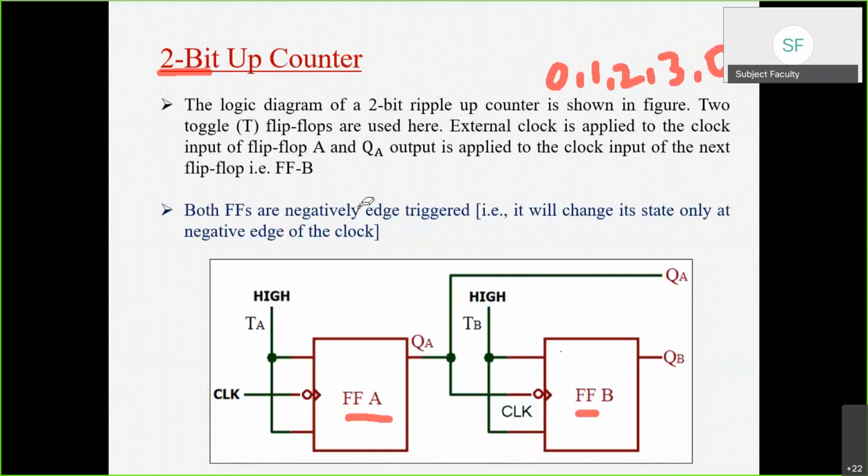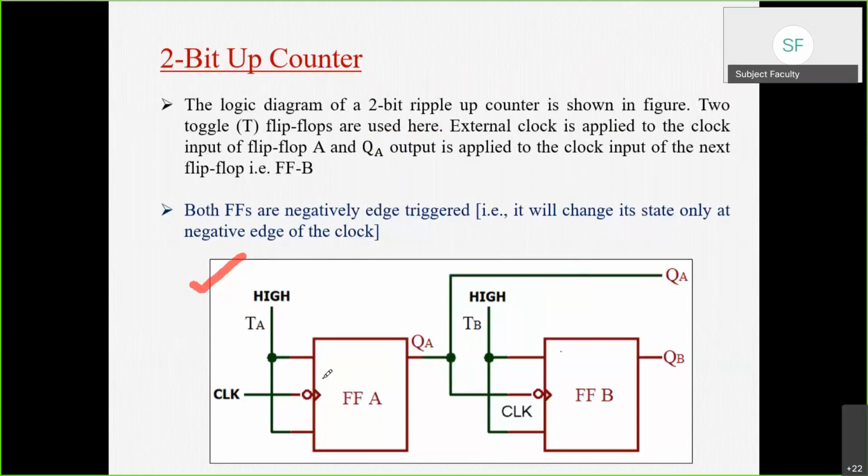All right. So the logic diagram of the 2-bit ripple up counter is shown in the figure. In this diagram, you can observe two toggle flip-flops are used. This flip-flop A is nothing but the first toggle flip-flop.